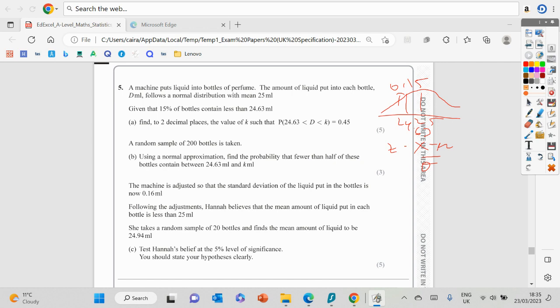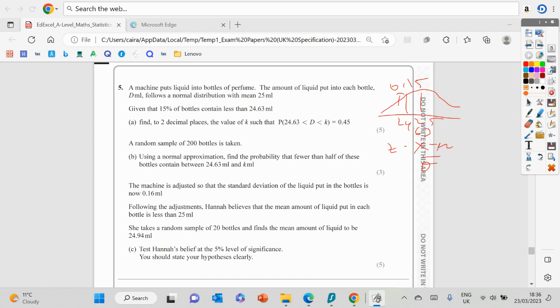Again, we're going into menu number 7 once again. We're going to go to normal CD once again. We want 24.63, don't we? That's what we're looking at. But we want to do the inverse of it as well.